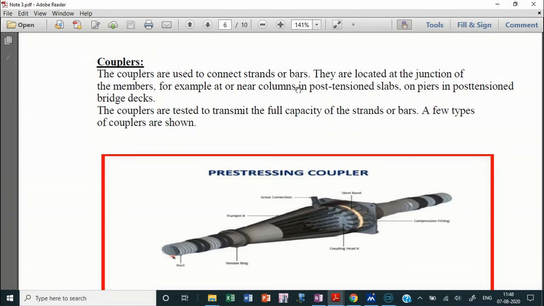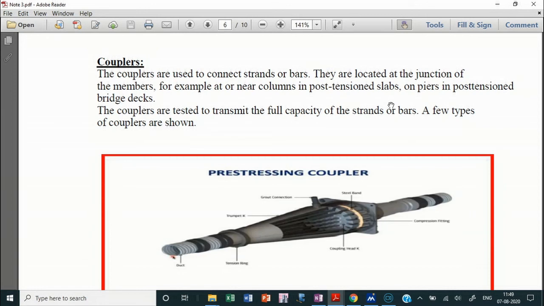Because in case of your tendons, they will have a limited length, no? So you have to connect those things so that it could be used in a continuous manner, just like in our RCC structure.